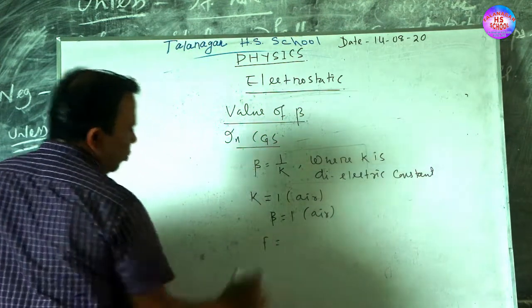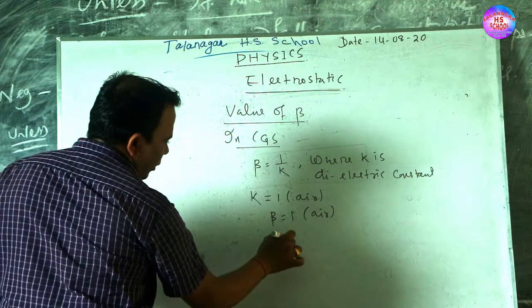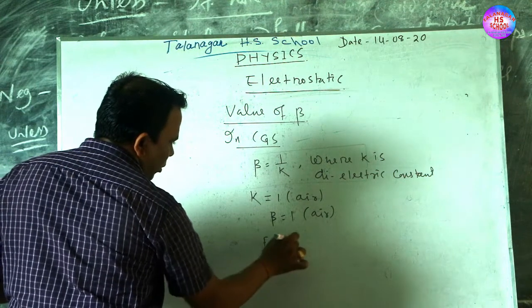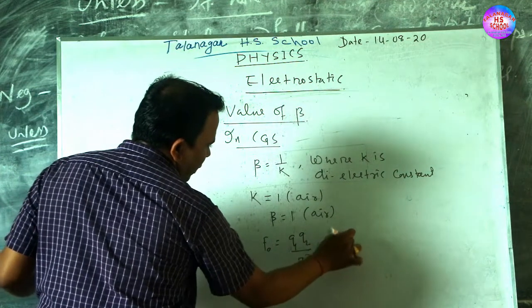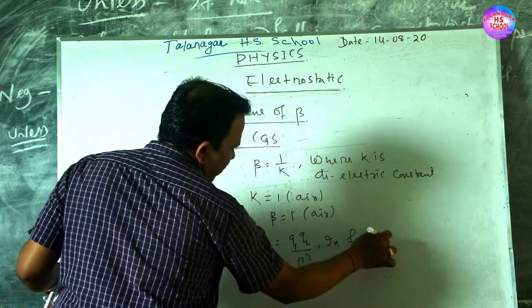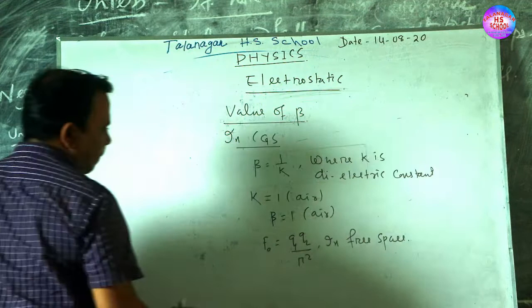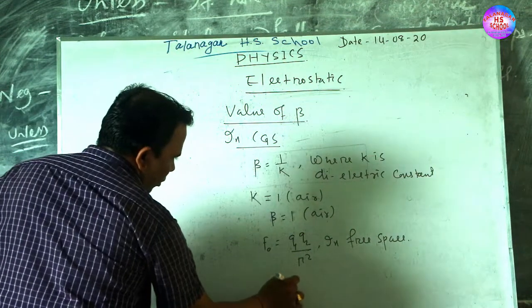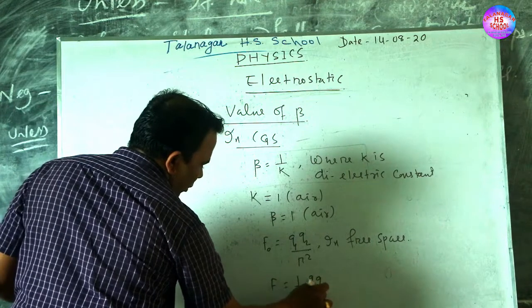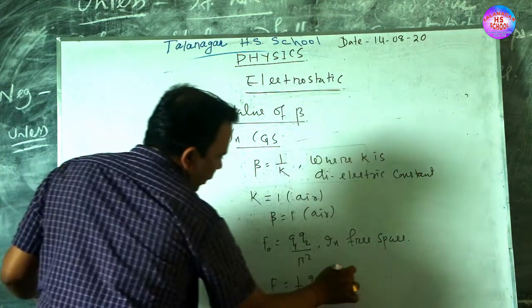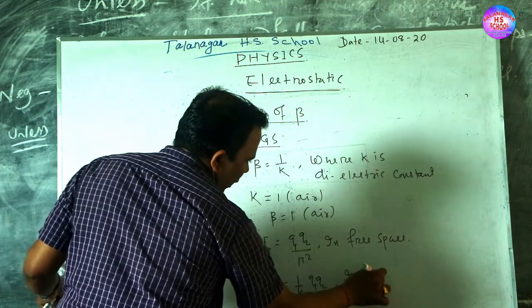F, the Coulomb force, we can write as q1 q2 by r square in free space. F equal to 1 by k q1 q2 by r square in any medium.